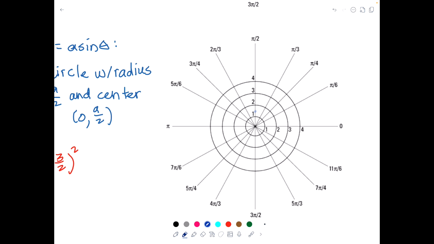And then you'll have the same thing going on the other side. So when you've got pi over 2, you're going to be up at 3, okay?